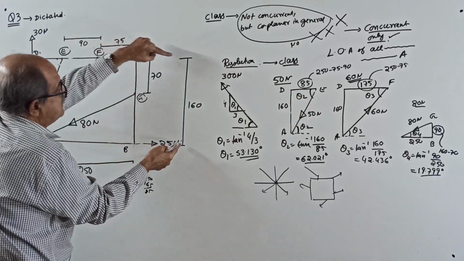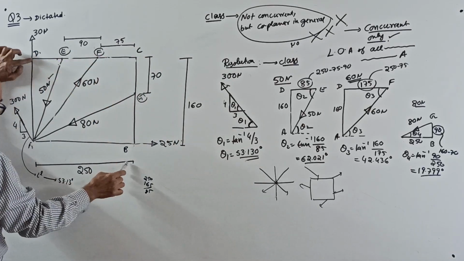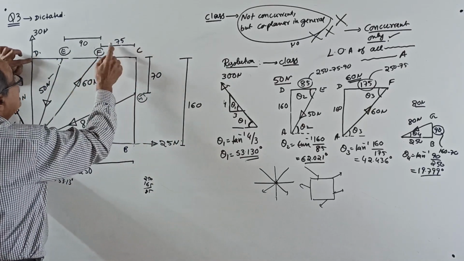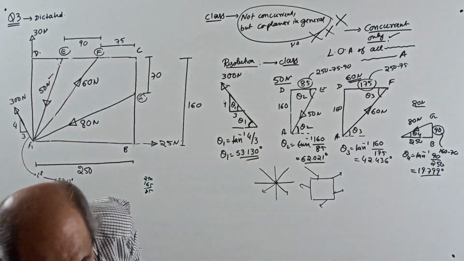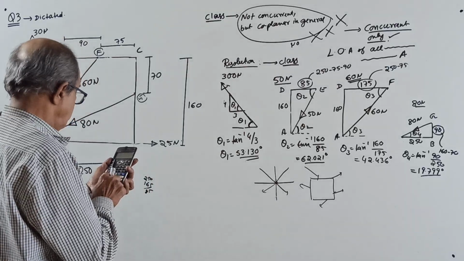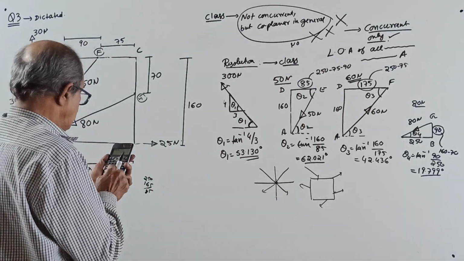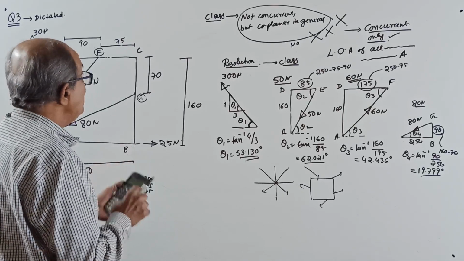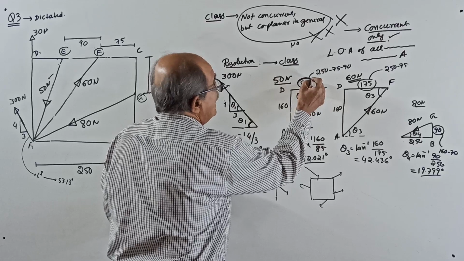AD is 160, and DE is 250 subtract 75, subtract 90. Check the answer because I don't want mistakes. From 250 subtract 75, subtract 90, it comes to 85.